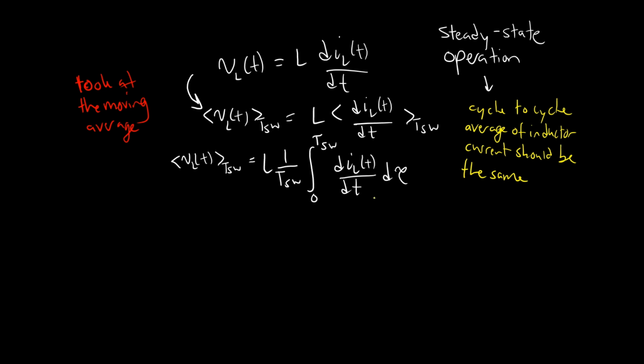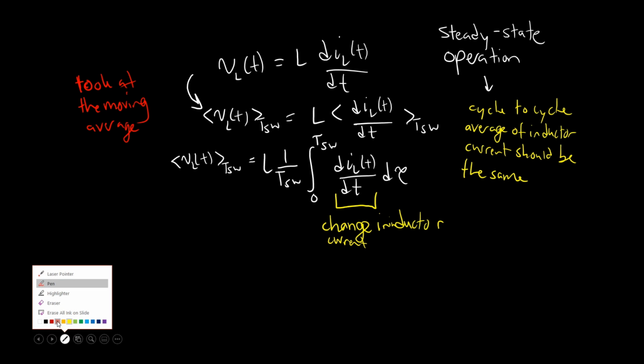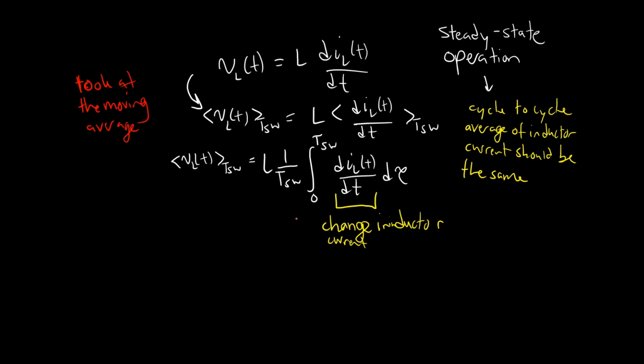And what is this thing right here? This is the change in inductor current. The derivative is the change in inductor current. And we're averaging the change of the inductor current. So the average change in inductor current is 0, just from what steady state operation is.